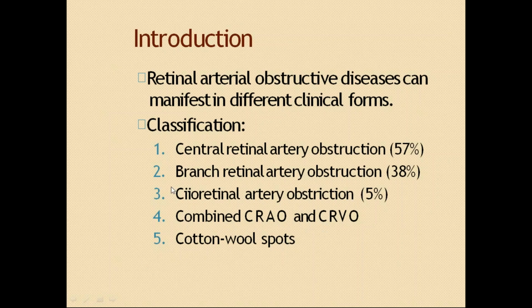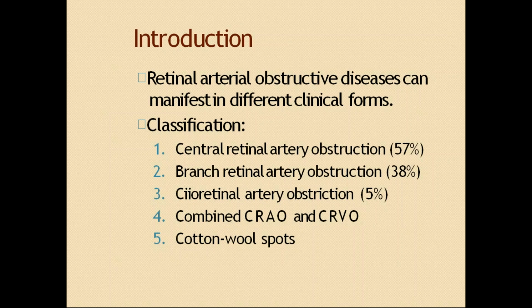Okay, so what is the cilioretinal artery? In 20% of people, we can see a special artery which is not present in the remaining 80%. That is the cilioretinal artery. If a patient has central retinal artery obstruction and no cilioretinal artery, then the loss of vision and damage to the retina will be more.